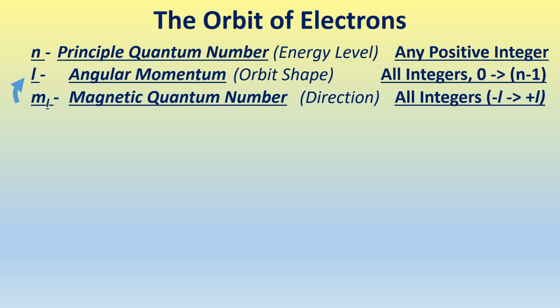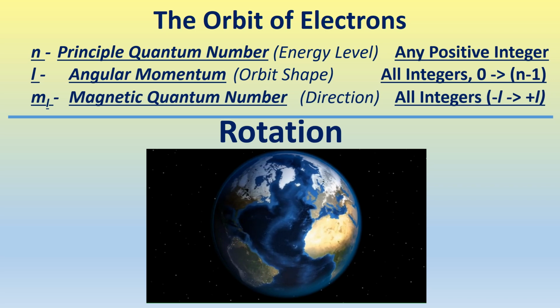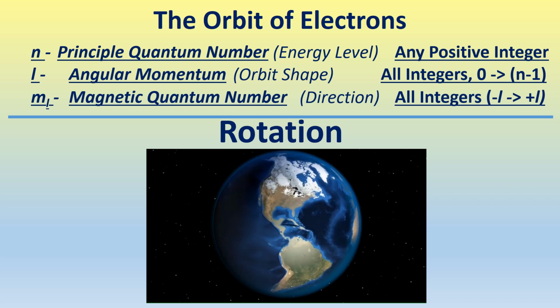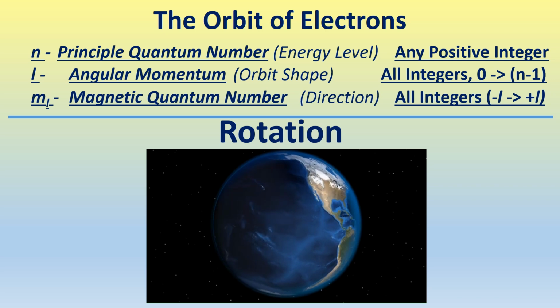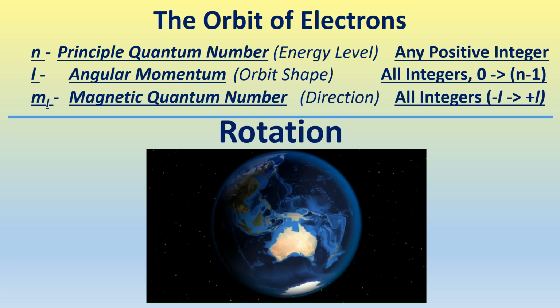Essentially, at this point, we are mimicking the behavior of planets in the solar system. They are a set distance from the sun, and they do orbit to balance out that potential difference. There is one other motion that planets do that electrons also do. Just as the orbit of the Earth gives us the year, the Earth is also rotating on its axis to give us the day.